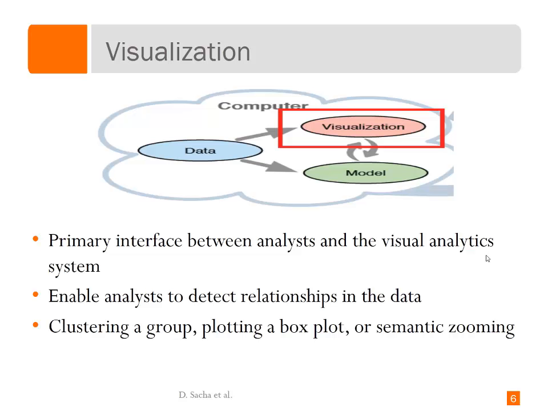So the model can be doing some of the detecting, but we also have to visualize it, and the human has to cognitively understand what the visualization is, what's being communicated by the model for it to have meaning. So things like clustering a group, plotting a box plot, semantic zooming, all of these are different features. We might call them more officially task abstractions that visualization provides.